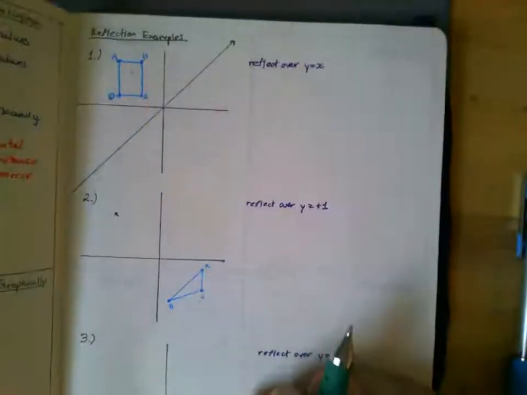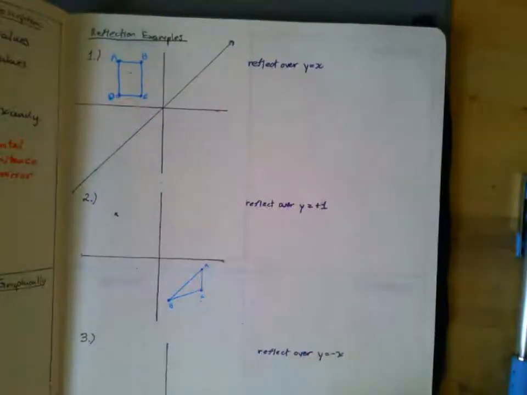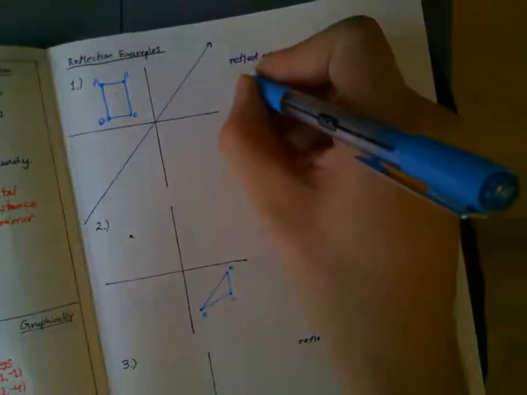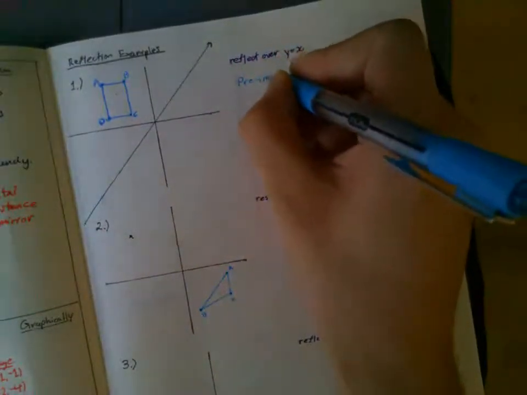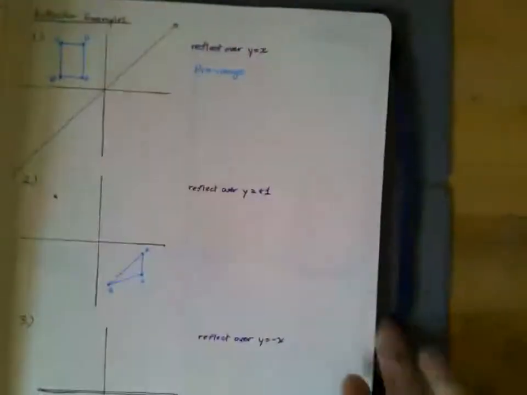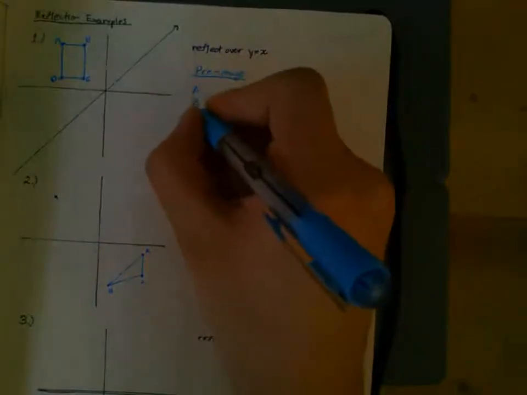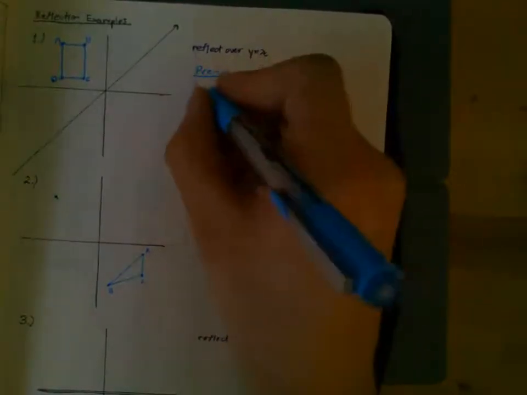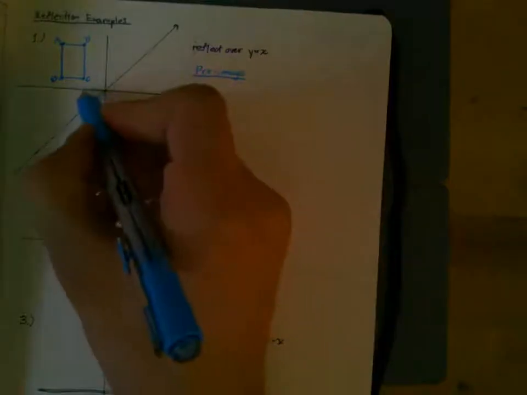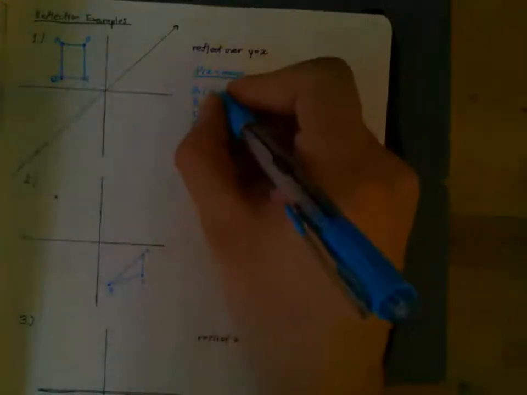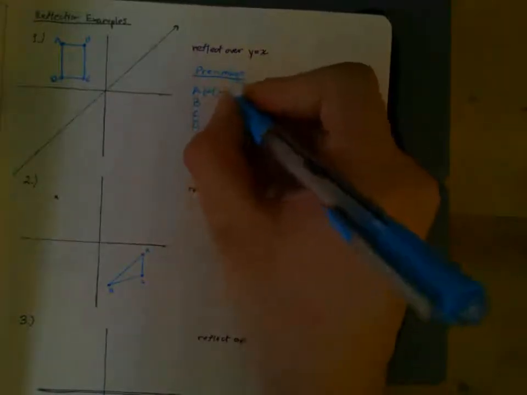So I'm going to go over into the fourth quadrant. My pre-image coordinate values for A, B, C, and D: for A, it's 1, 2, 3, 4, 1, 2, 3, 4, so it's negative 4, positive 4.